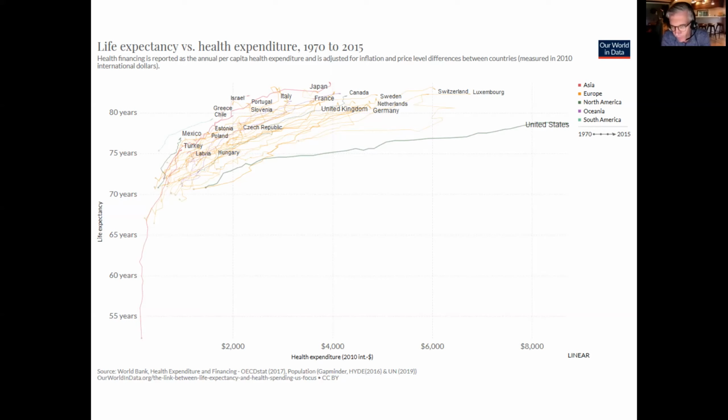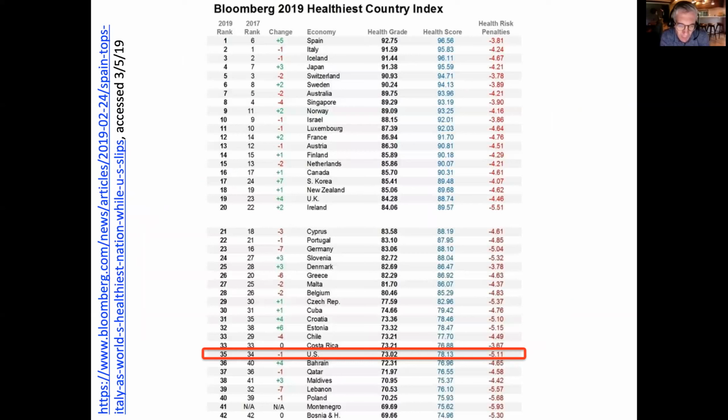So what you see is the United States spends a lot more, maybe double the amount of the typical developed country on healthcare, and in spite of that, we lose the better part of a decade of life expectancy versus our peer countries.